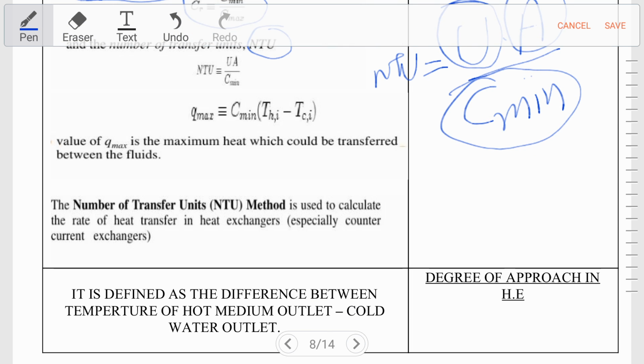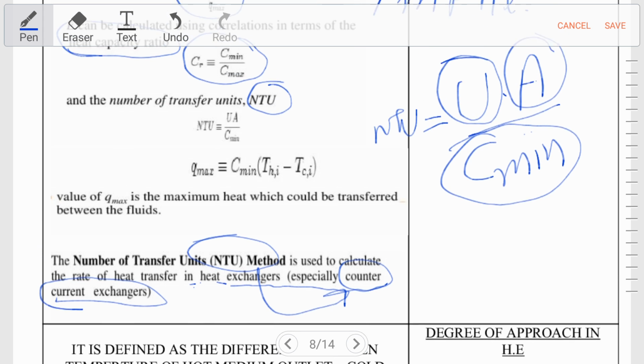Now the number of transfer unit NTU method is used to calculate the rate of heat transfer in heat exchangers, especially the counter current flow heat exchanger. Keep in mind, the NTU method is specially for the counter current heat exchanger.